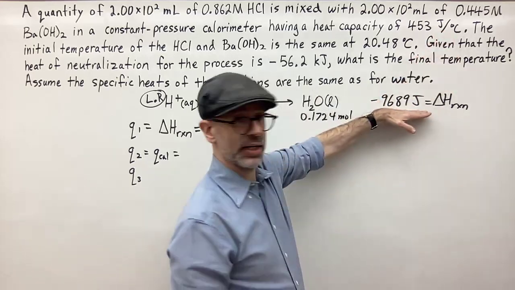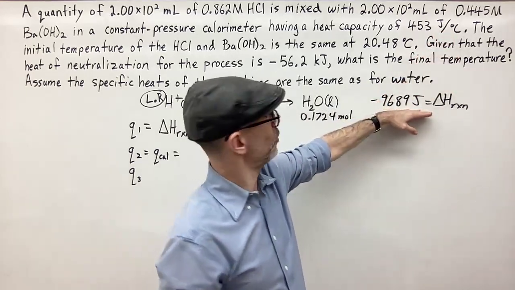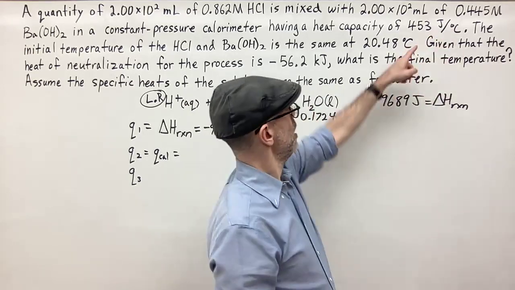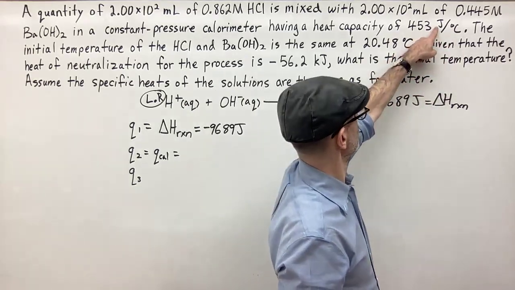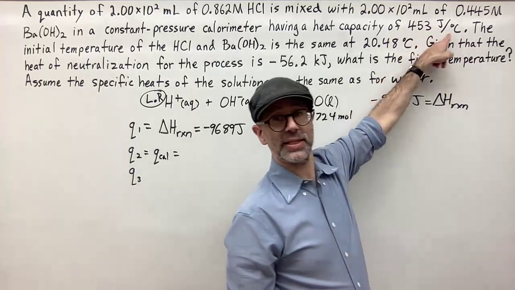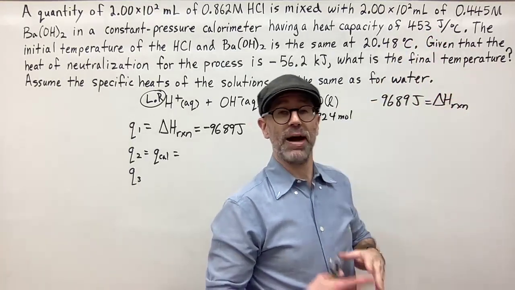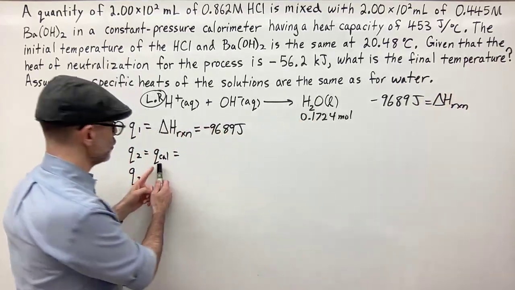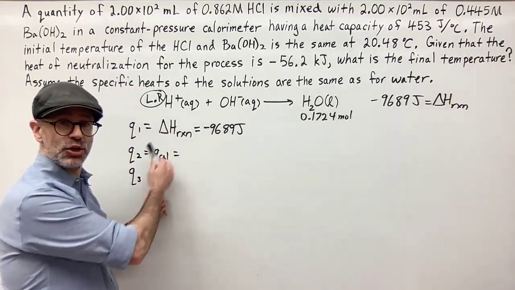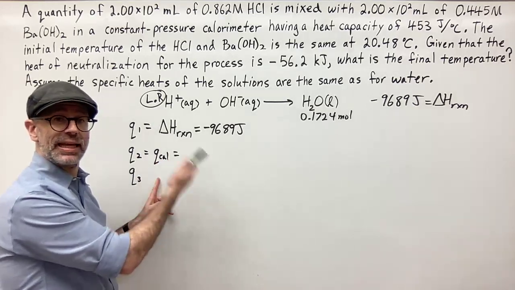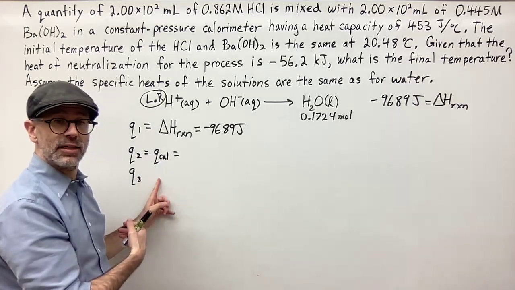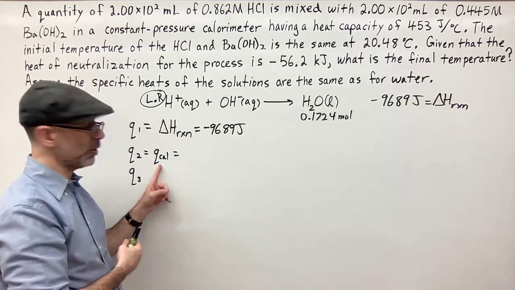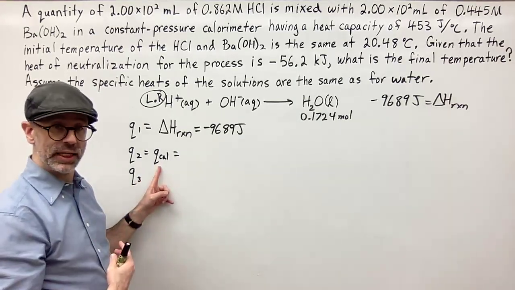That's why I wanted to convert this to joules so that we can get that same unit and they'll cancel out. And the other thing I want to point out is that, look, it's joules over degrees Celsius. So if I'm thinking about an equation, because remember, this is Q, this is heat, right? Q stands for heat. It represents the heat lost or gained of the substance, in this case, the calorimeter. So the calorimeter is going to be absorbing heat.